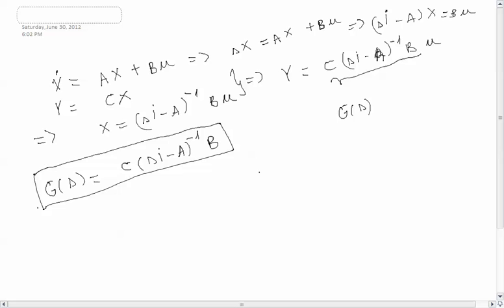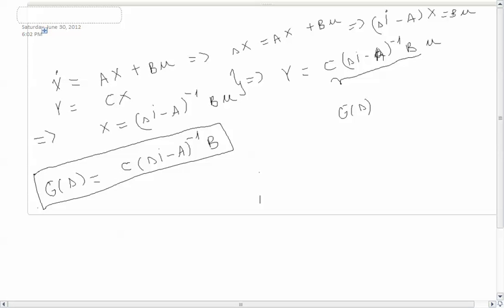So state space is better, but now I will deal with the transfer functions and with this highly mathematical abstraction. But I just wanted you to see where it comes from. It comes from physics.